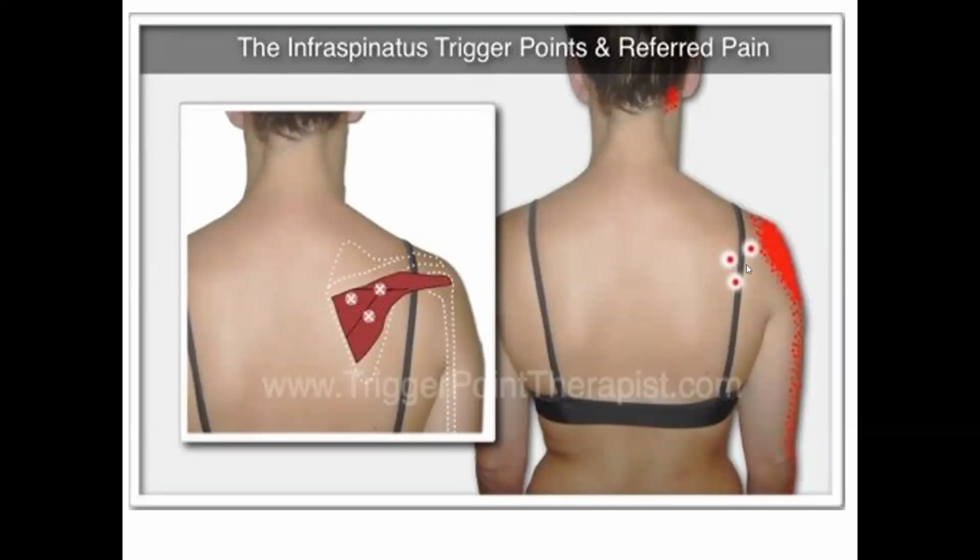Another point that I found very useful is called the infraspinatus trigger point. It's a trigger point in the middle of the infraspinatus muscle. When these patients used to come to my clinic, I used to inject it with some lidocaine. Because most of them are very skinny, I used a very small, tiny needle, the one we use for insulin injection. It's about half an inch, so we don't get pneumothorax or anything.